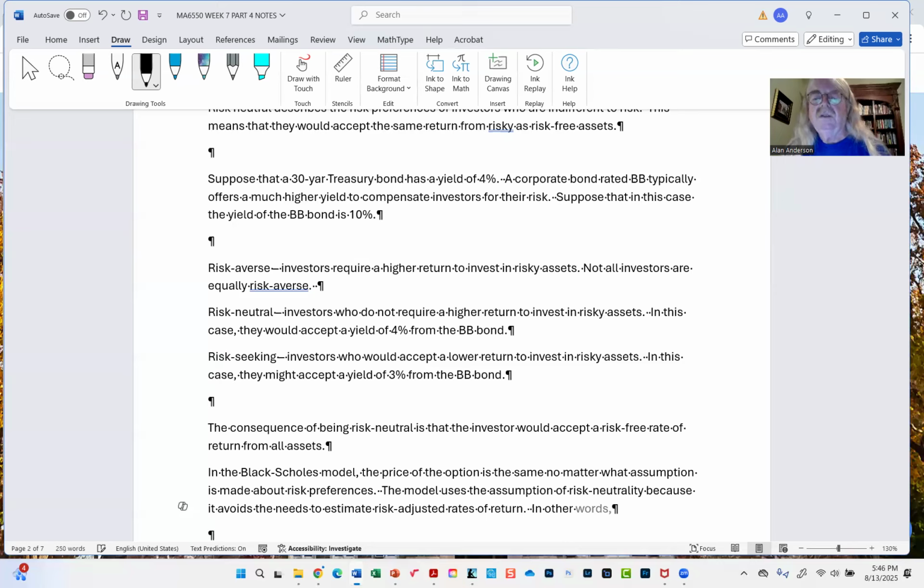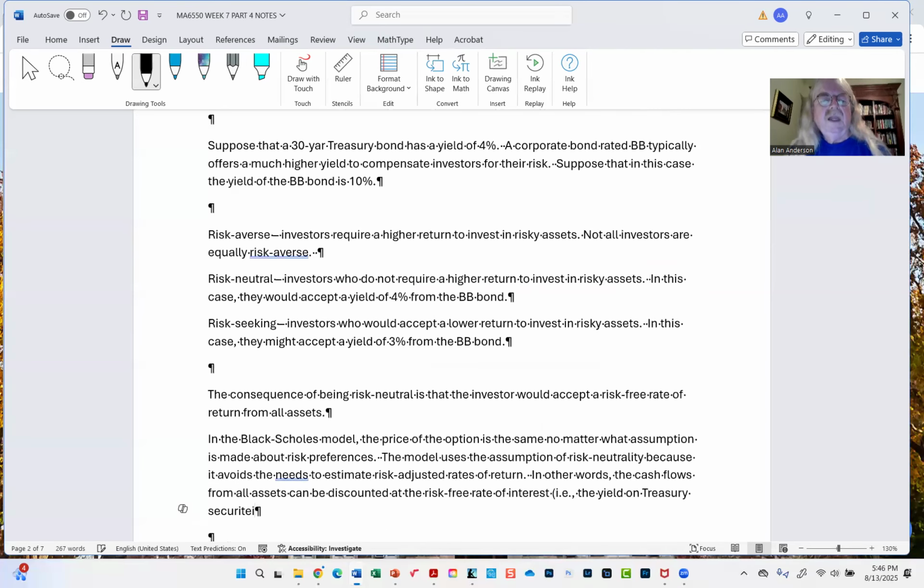In other words, the cash flows from all assets can be discounted at the risk-free rate of interest, which, if you remember, is simply the yield on treasury securities. And that makes things infinitely easier for us.